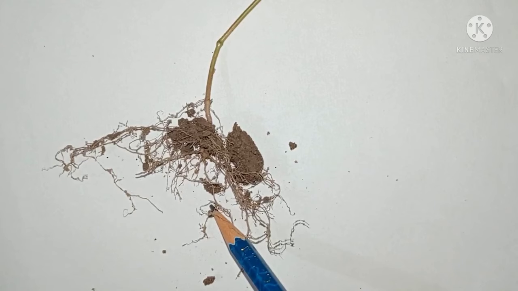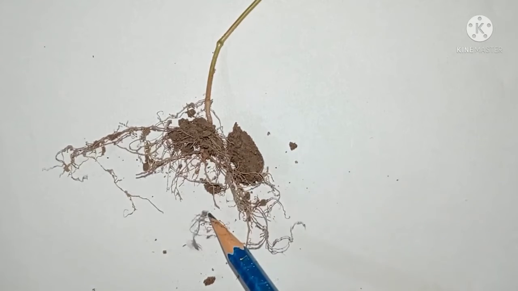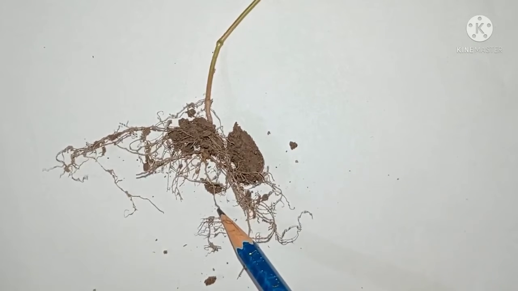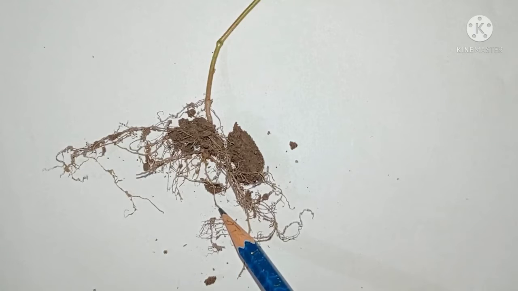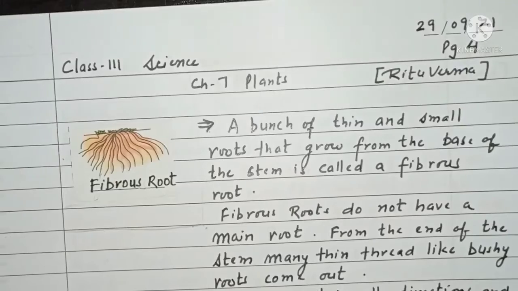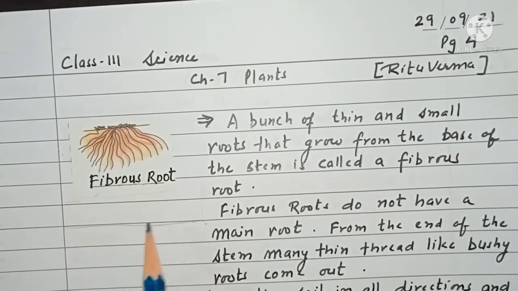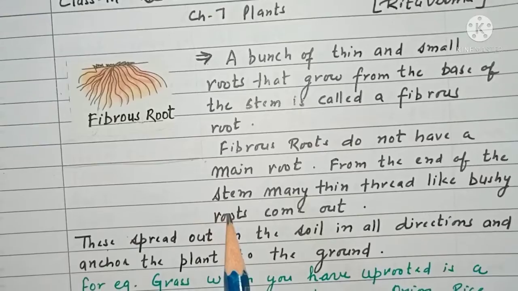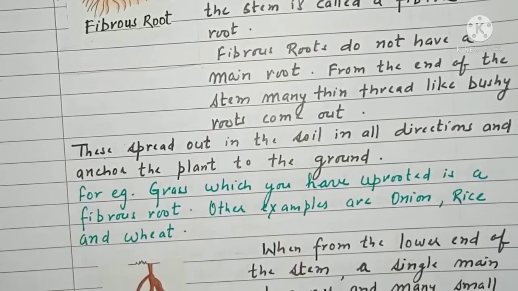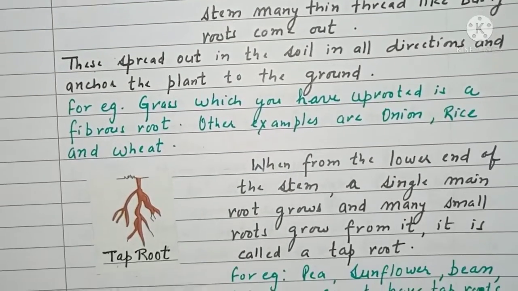For example, the grass which you have uprooted is an example of fibrous root, and the other examples are onion, rice, and wheat. So this was regarding the fibrous root. Moving on to the another kind of root, that is taproot.